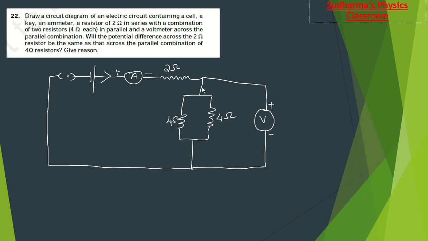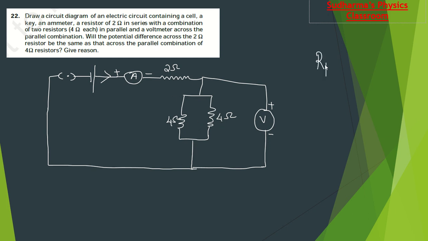Now there is another question along with that. Will the potential difference across the 2 ohm resistor be the same as that across the parallel combination of 4 ohm resistors? Give reason. See, here 2 4 ohm resistors are connected in parallel, so together they give a resistance of 2 ohm.